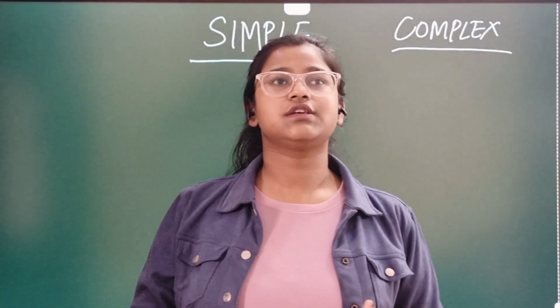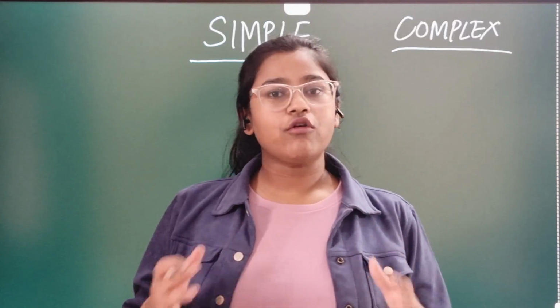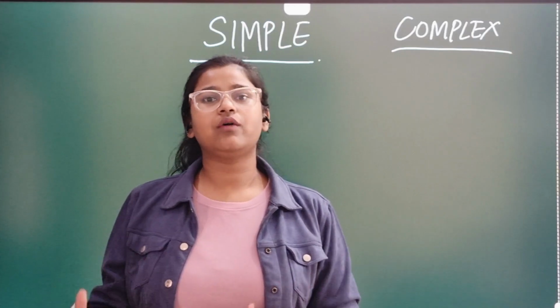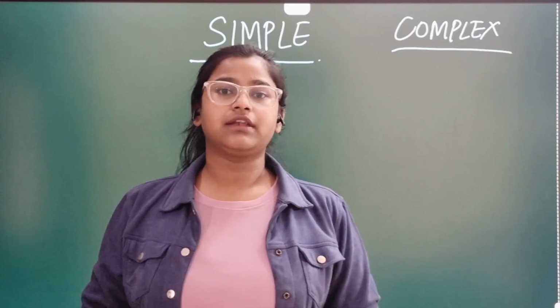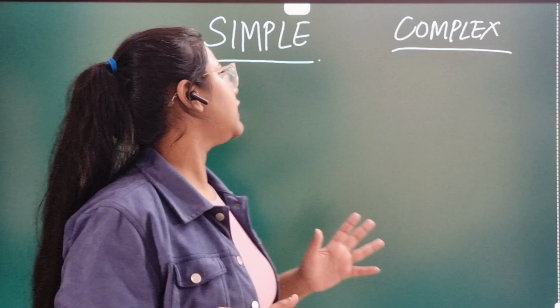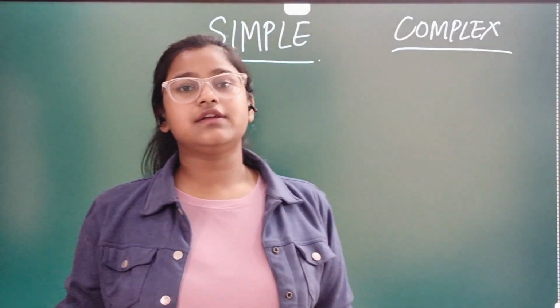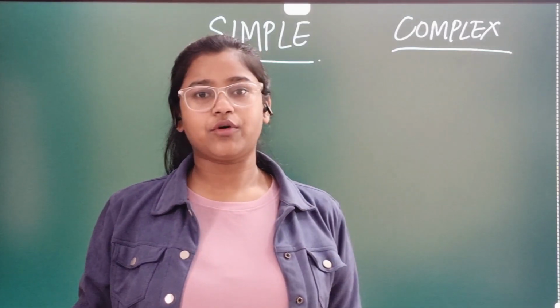In all the books, in all the research material, we often start with the simple and complex hypothesis. We feel that these two are very important. But in my perspective, I feel that null and alternate hypothesis hold the most prominence in the entire research process and in all the types of hypothesis.